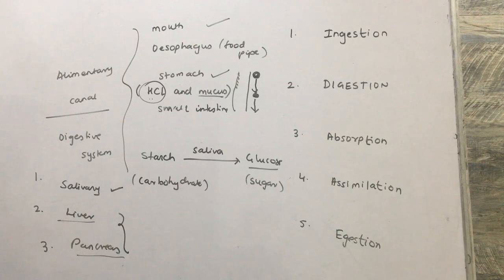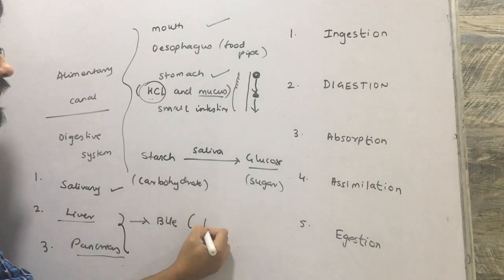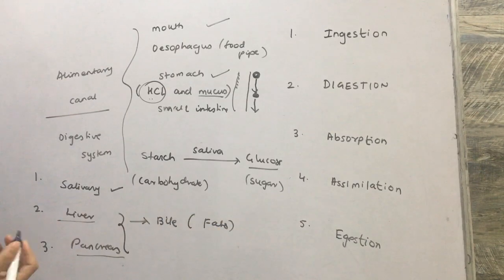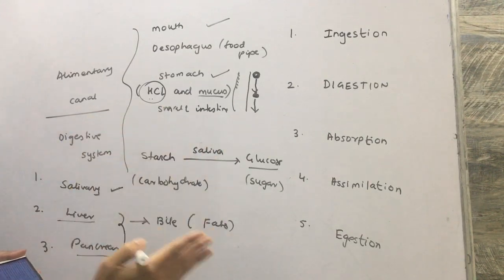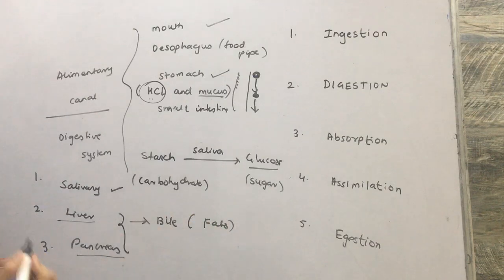So the liver gland will secrete a juice which is called bile. So bile is nothing but a juice which is secreted by the liver. Now this is responsible for digestion of fats. So if we take some fatty food into our body, the bile juice will break down the fats into simple substances. Here fat is a complex substance.